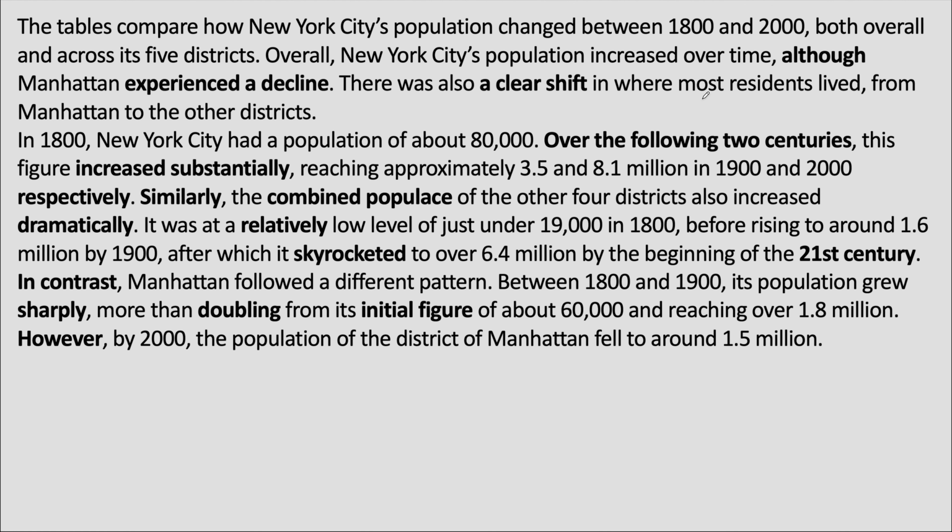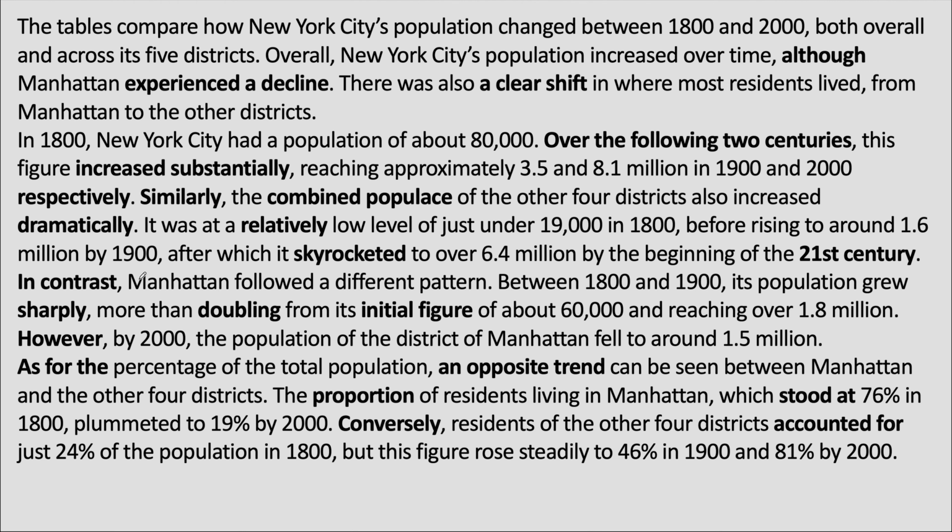The first body paragraph looks at population numbers, where we compare the total population, the other districts, and Manhattan using words like similarly and in contrast. The second body paragraph focuses on percentages, where we clearly show the opposite trend between Manhattan and the other 4 districts.